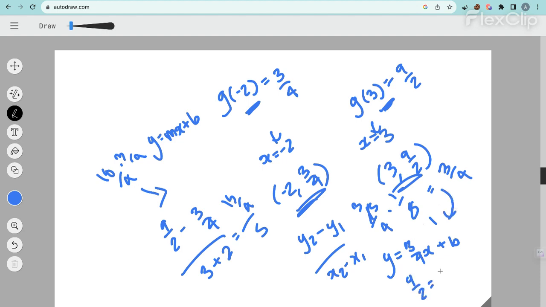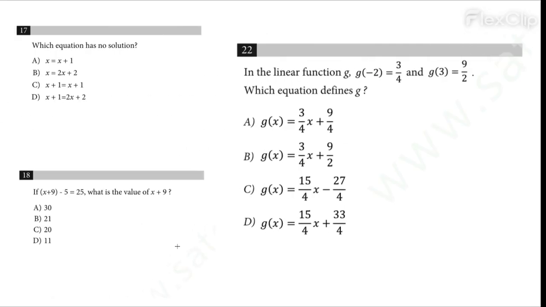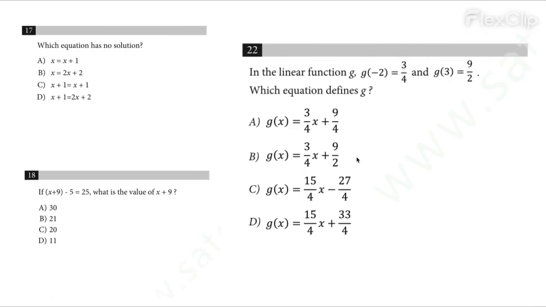So here, 9 over 2 is equal to 3/4 times 3 plus b. 9 over 2 is equal to 9 over 4 plus b. Minus 9 over 4, minus 9 over 4. So that'd be 18 over 4 minus 9 over 4, which is equal to 9 over 4. So that means b is equal to 9 over 4. So your answer is A.